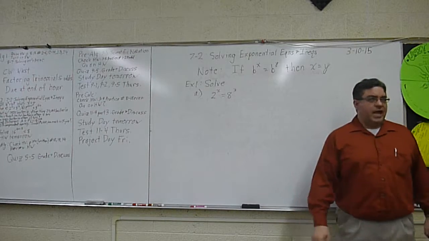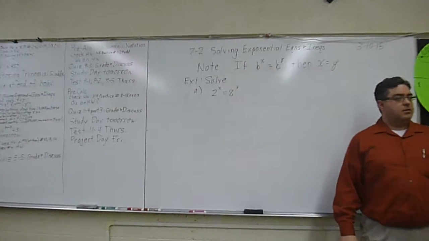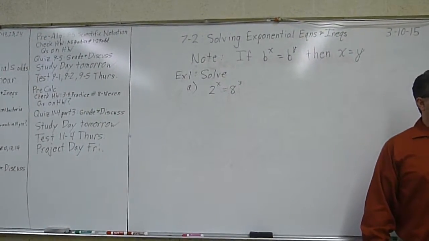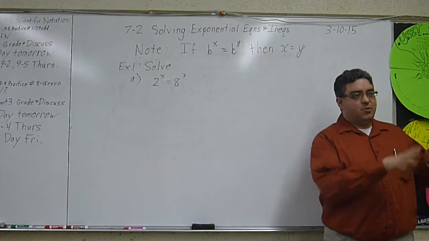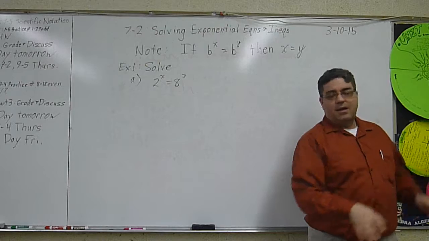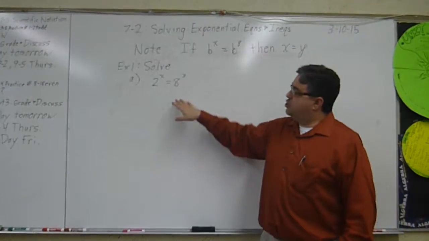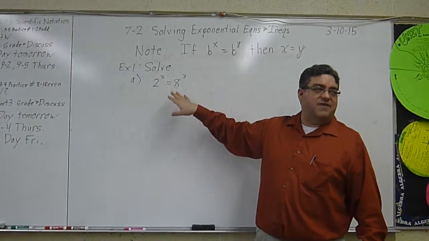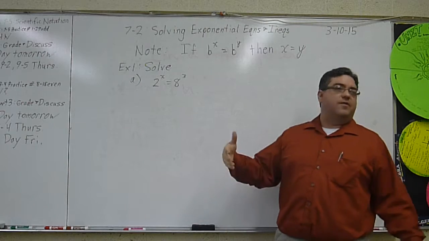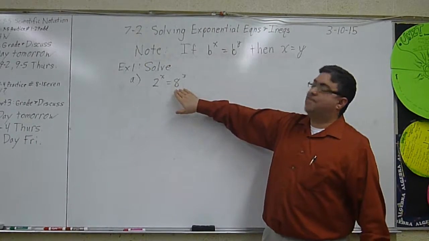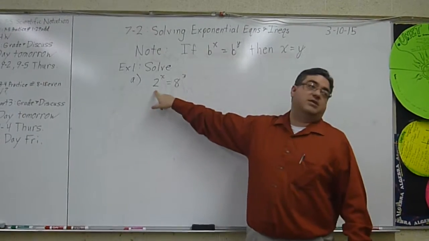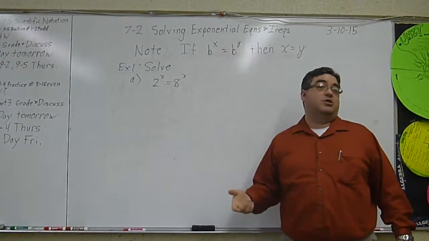I can change 8 to a base of 4. That's the idea, you're on the right track. But 2 times 4 doesn't give me a base of 2 or a base of 4. I want to write this as a power, either with a base of 2, or I want to be able to rewrite 2 also.